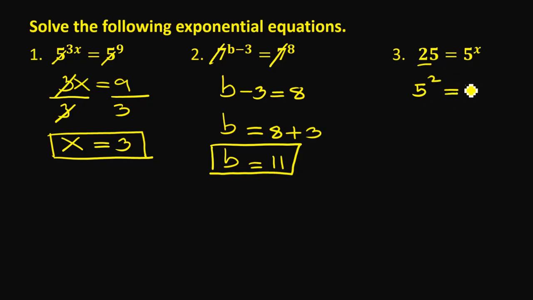Then equals 5 raised to x. Now both sides have the same base of 5. Cancel the 5 and then copy the exponents. 2 is equal to x, or that is x is equal to 2.